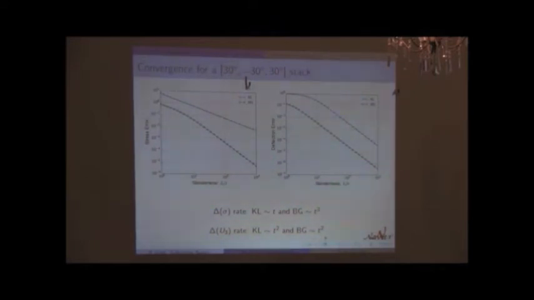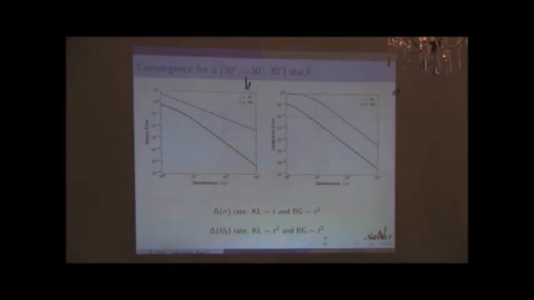Okay, and you have the slenderness, and you can see that Kirchhoff-Love for slenderness 10 is pretty poor because it's more than 10% error. It's log scale, and you see that the slope of this convergence is t squared, or eta squared, the smallest parameter squared, and you see that the bending gradient converges at the same rate.